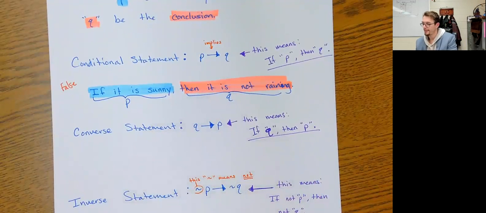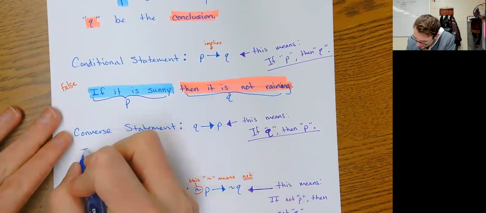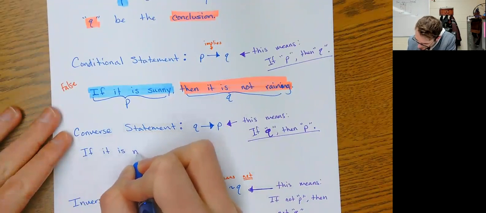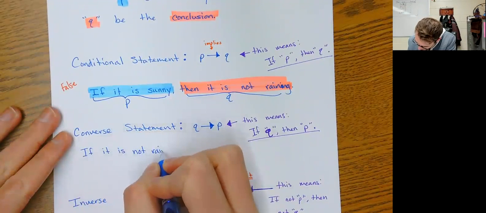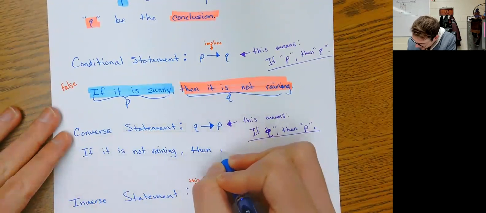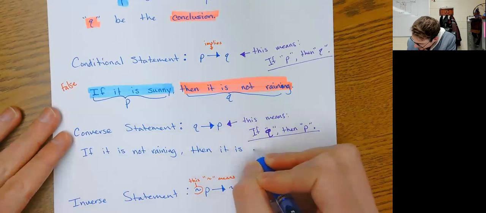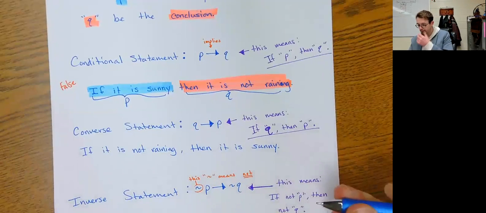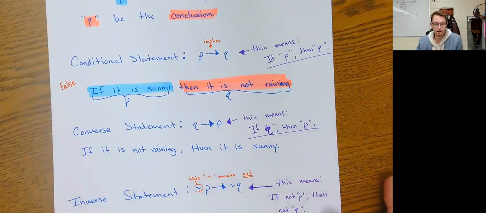So what this will be is, if it is not raining, then it is sunny. I don't know about any of you, but if it's not raining, doesn't mean it has to be sunny.